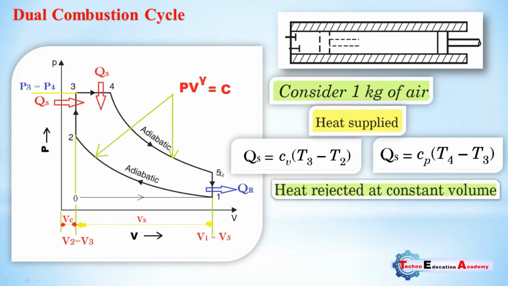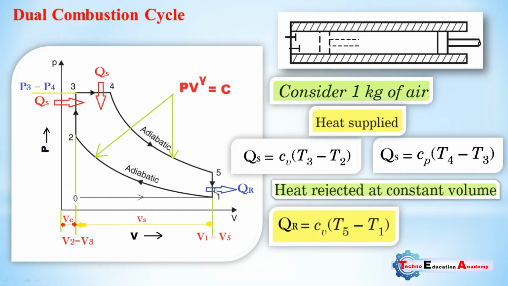Process 5 to 1 is the heat rejection process, denoted by QR, and after the heat rejection the temperature of the gases will decrease. So T5 is greater than T1, and it is a constant volume process, so V1 equal to V5, and we consider Cv, the specific heat at constant volume.